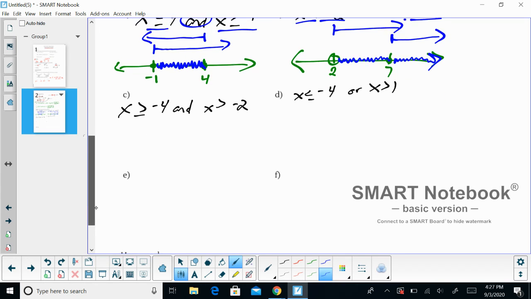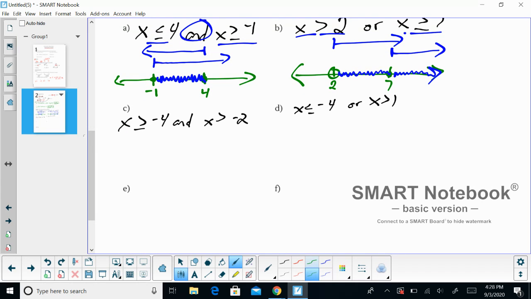Do another example. Here's my number line. Which is greater, -4 or -2? -2 is greater, so I put -4 to the left. Open or closed circle with -4? Closed circle. Open or closed for my -2? An open circle because it's just a greater than sign.